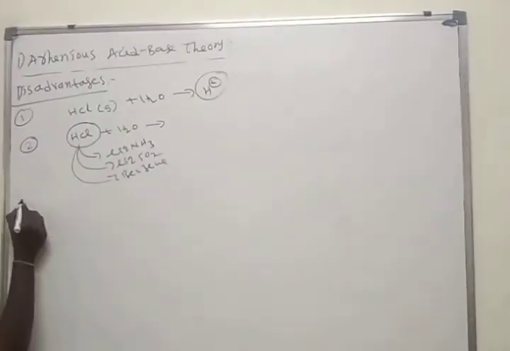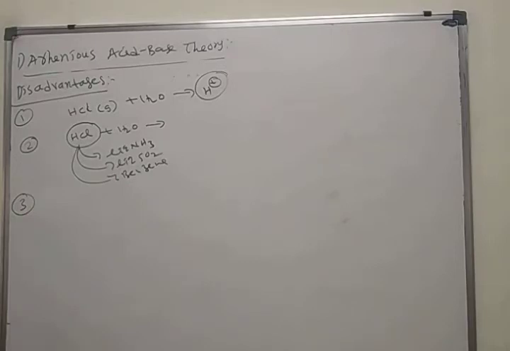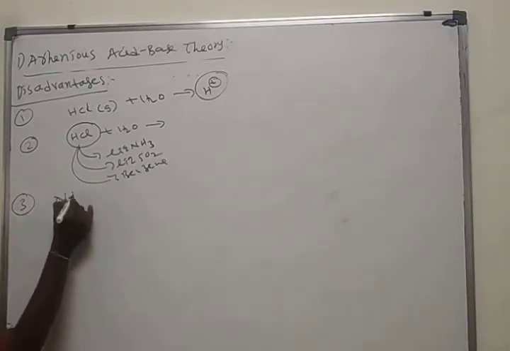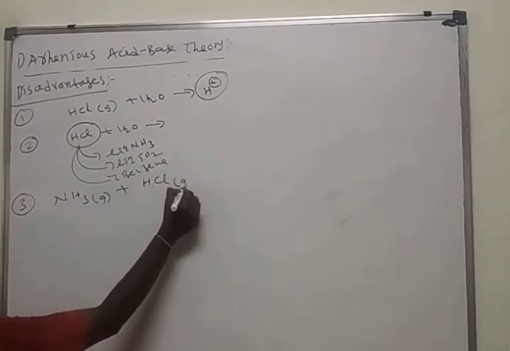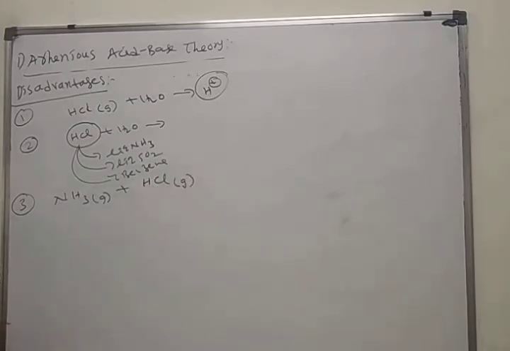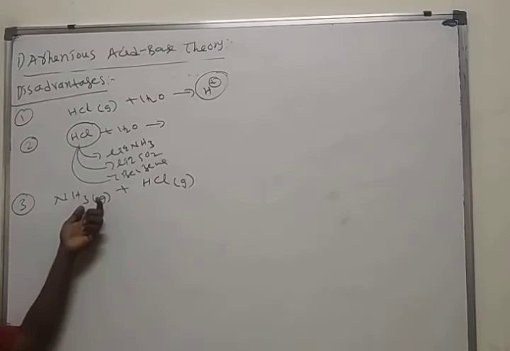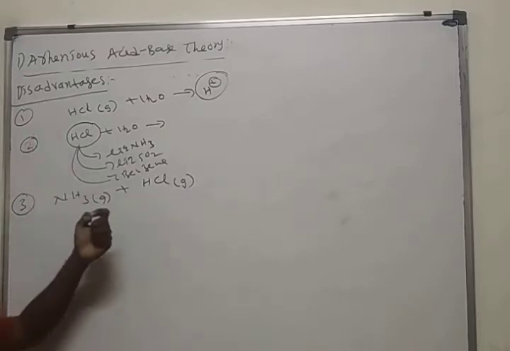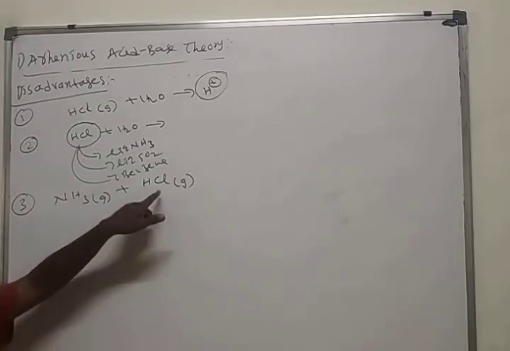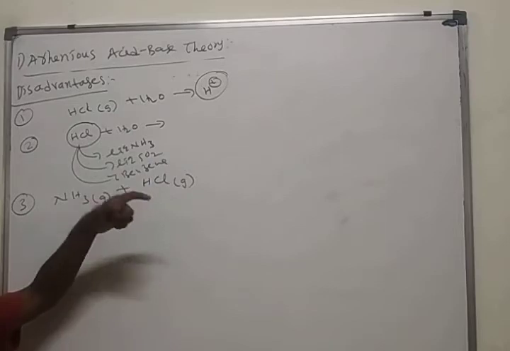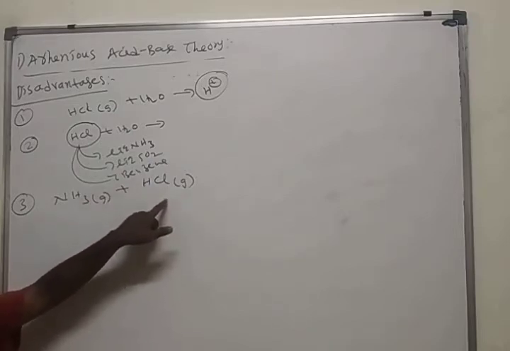It also fails to explain the neutralization reaction between ammonia and hydrochloric acid in the gaseous state. According to Arrhenius acid-base theory, ammonia is not a base, and hydrochloric acid is not an acid in the gaseous state.